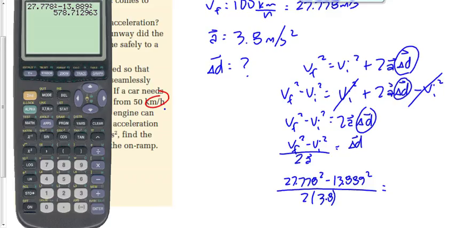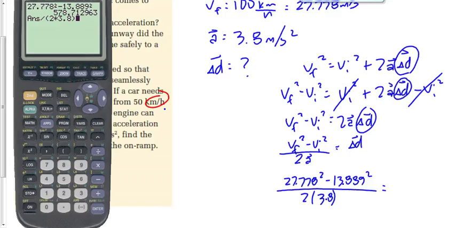I just did the top, pressed enter. That's the top number there. Now, let's divide that by, put some brackets on the bottom, 2 times 3.8.